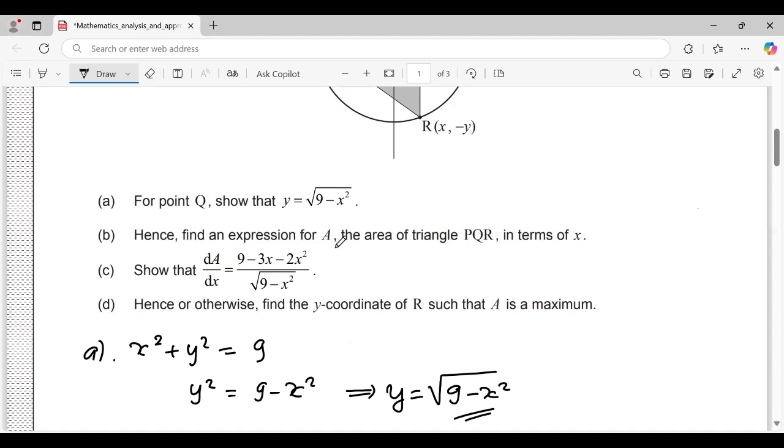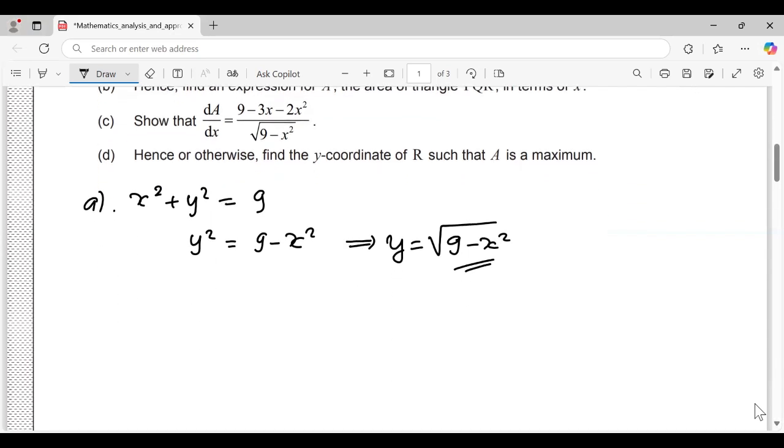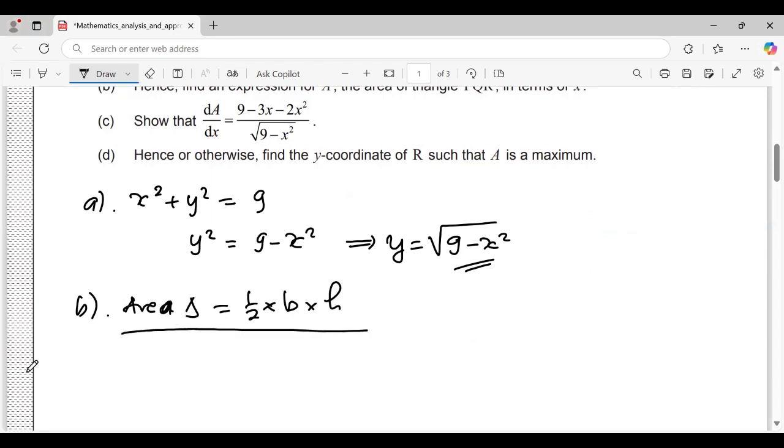Hence, find an expression for A, the area of triangle PQR in terms of x. So area of triangle is equal to 1/2 times base times height. This is the formula. So we need to find first the base.